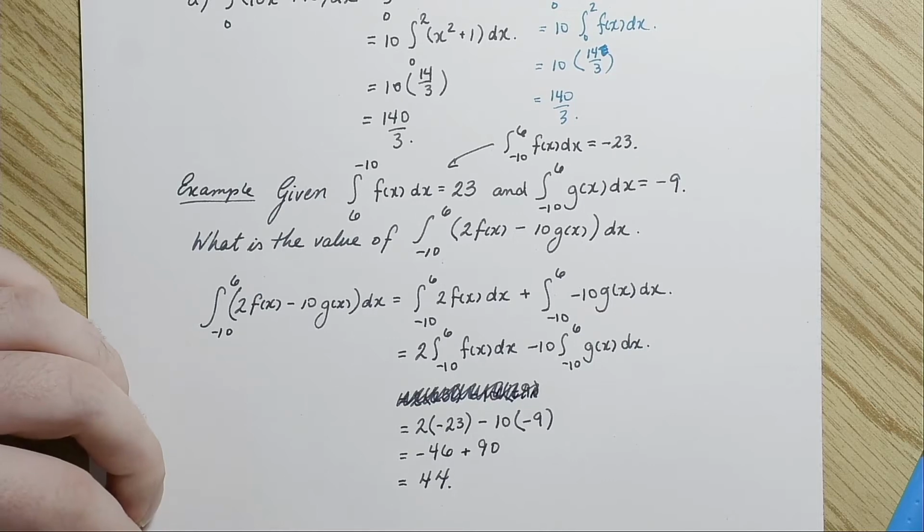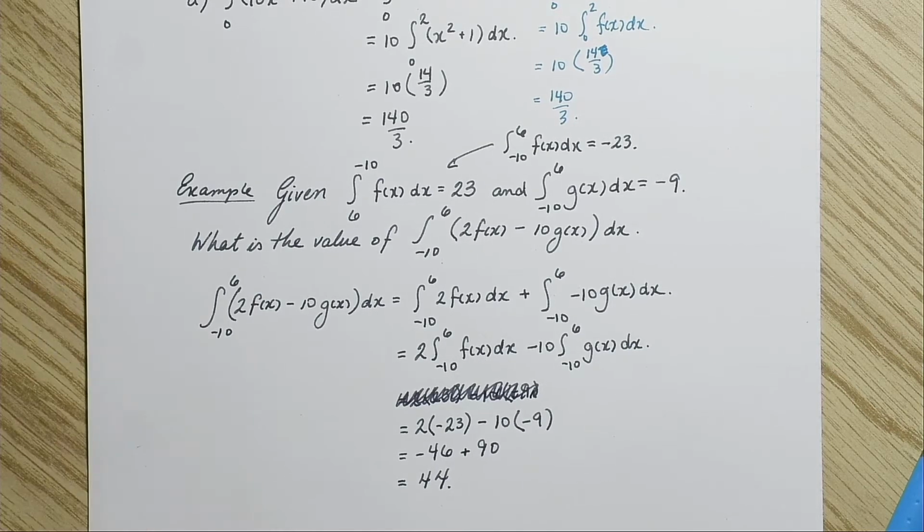So be very careful, because on a multiple choice question, you're probably going to see an answer where I almost calculated it with a positive 23. It would have been 96 plus 46, so 102.